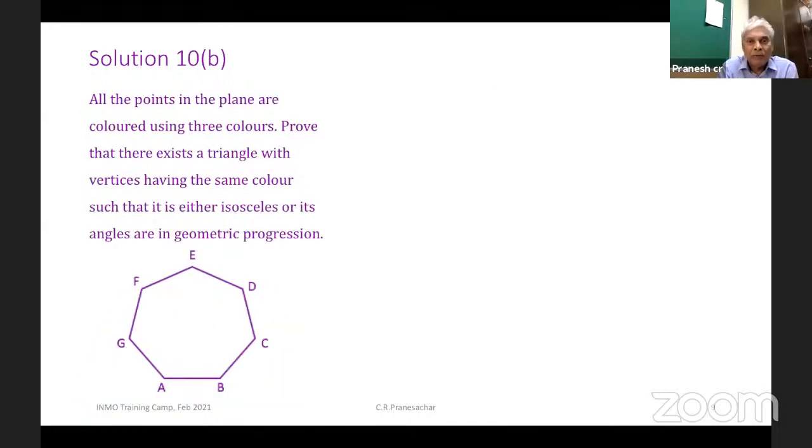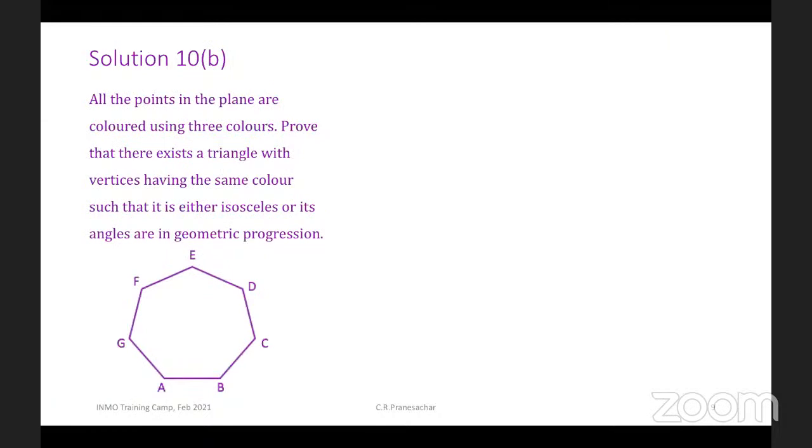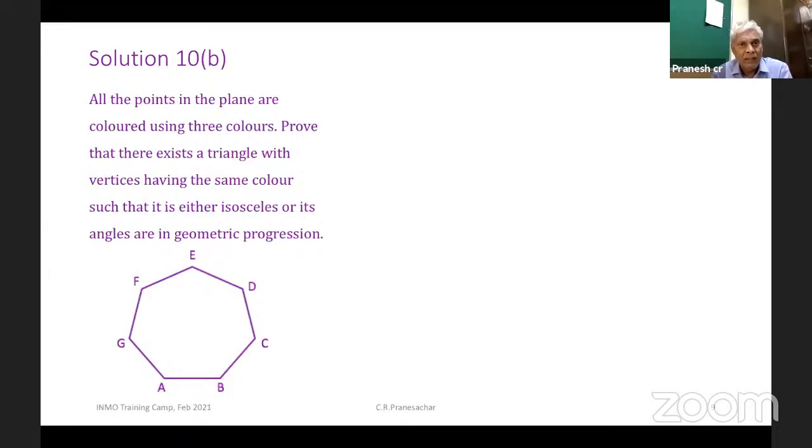Okay, sir. Now, this is the other part of problem 10. All the points in the plane are colored using 3 colors. Prove that there exists a triangle with vertices having the same color such that it is either isosceles or its angles are in geometric progression.